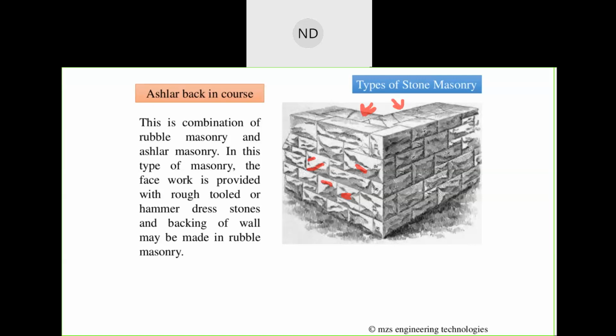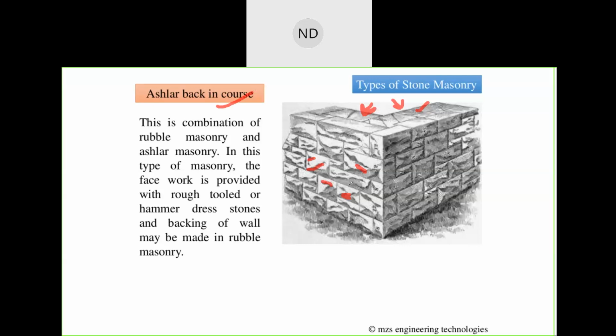This is rubble masonry, because you see here, it may be polygonal in shape, but it is in a straight line. Behind, it can be either polygonal or square. It can be fine or it can be rough. But in the ashlar block in course, the behind portion is made of rubble, and the front face is made of ashlar masonry.